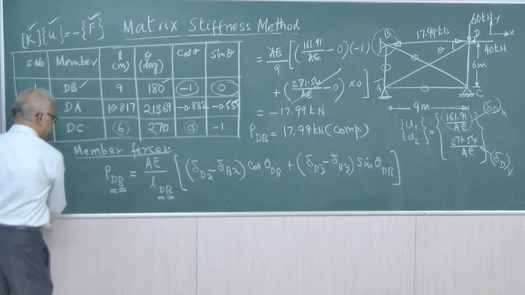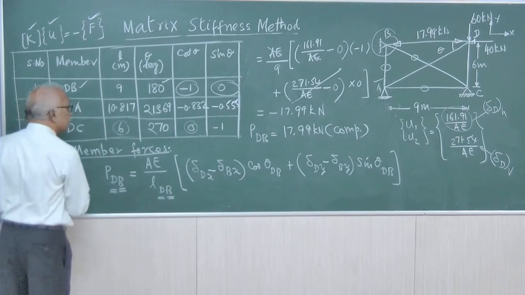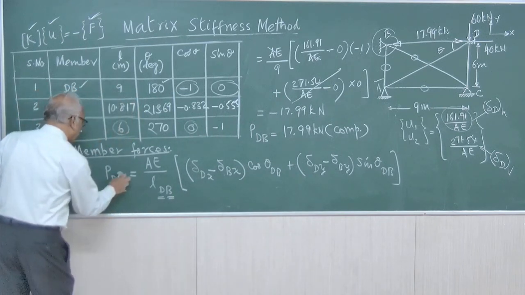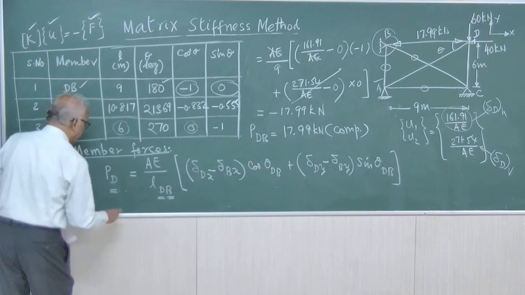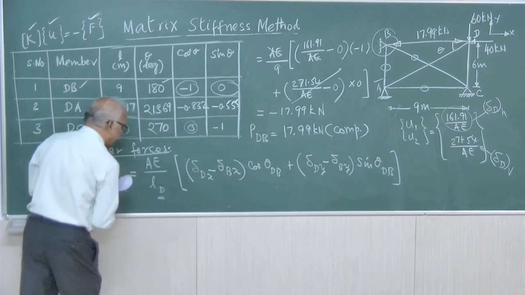Now here we have calculated for dB. Next member is that of dA. So here dB will become dA. Therefore, this is also dA.